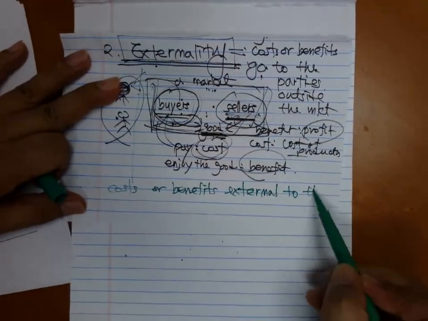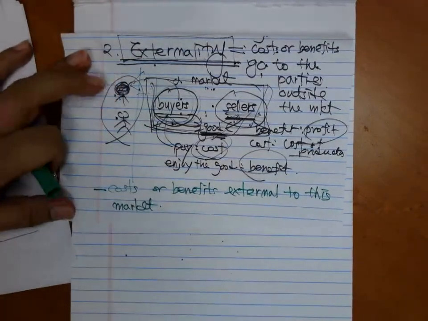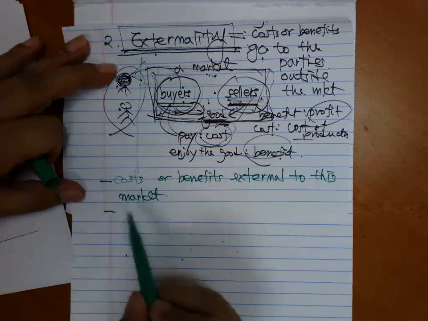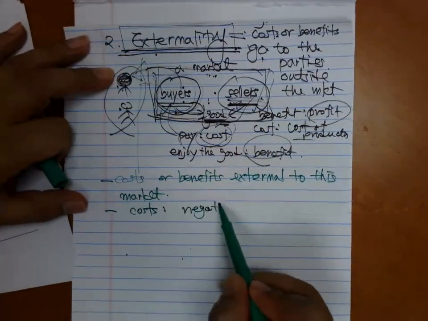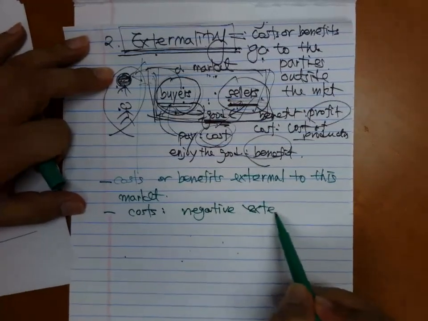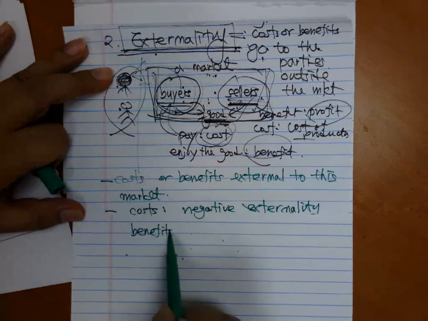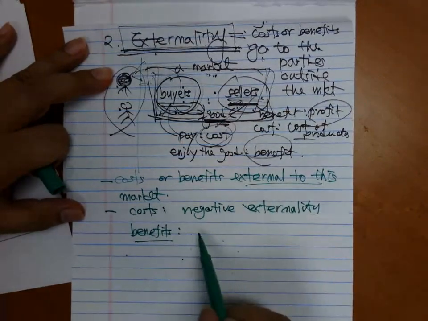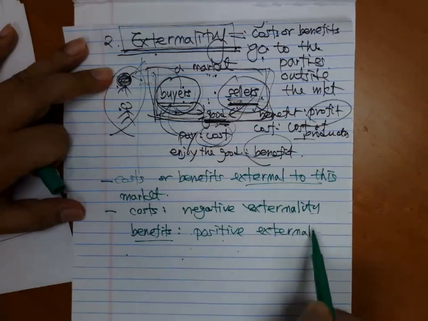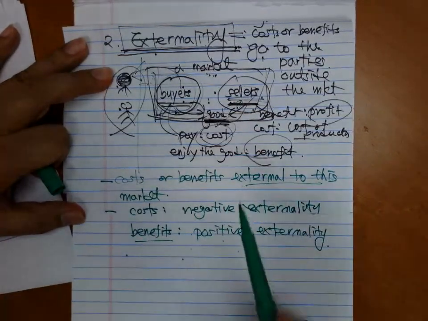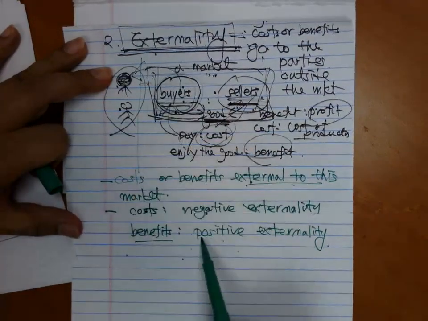If it is the cost, then this case is called negative externality. If it is the benefit external to this market, then this is called positive externality. That's the concept. Negative externality means cost external to this market. Positive externality is nothing but benefit external to this market. So we have these two different externalities.